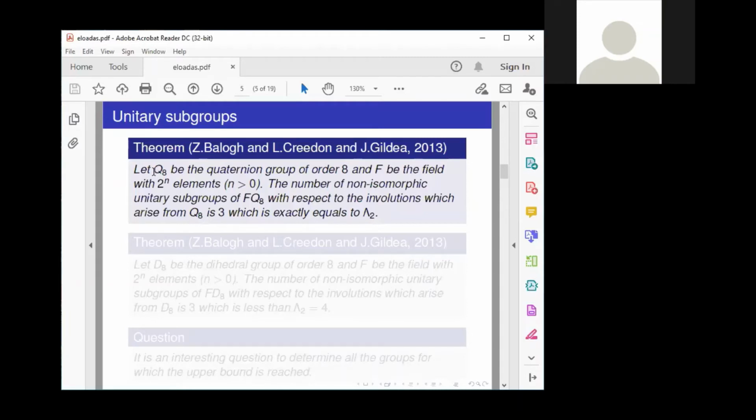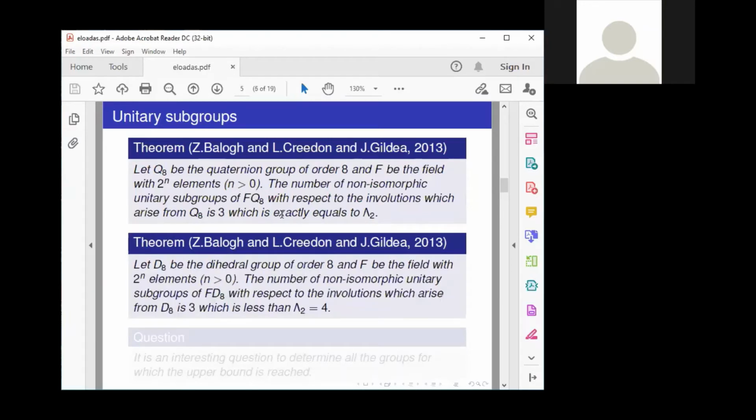So if we consider the quaternion group over any finite field of characteristic 2, the number of non-isomorphic unitary subgroups in this group algebra equals 3, which is exactly lambda 2. And we have another example. This is the dihedral group of order 8 over the finite field of characteristic 2.